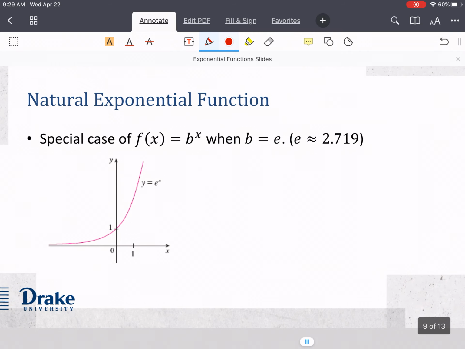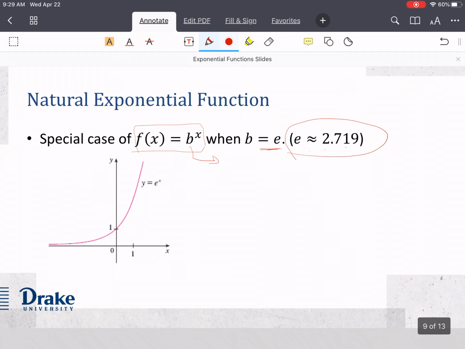So it represents an exponential function. All right. Next, I would like to mention the natural exponential function. One mathematician, Bernoulli, back in the 1600s, realized that there was a special case for f of x equals b to the x when the base value b is equal to e, which is approximately 2.719. That resulted in very interesting developments in mathematics, and for that reason, we commonly use the natural exponential function.